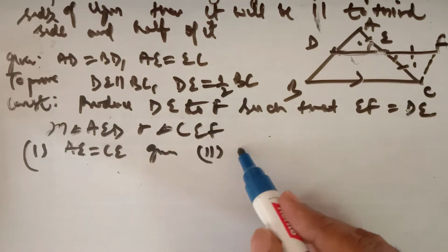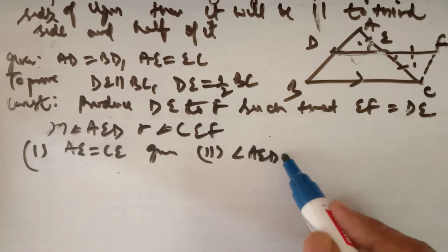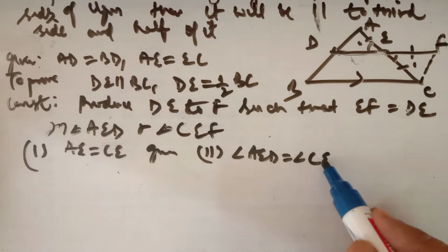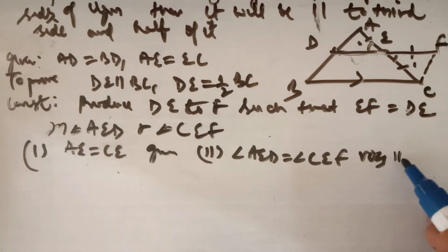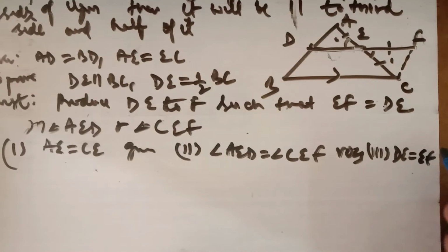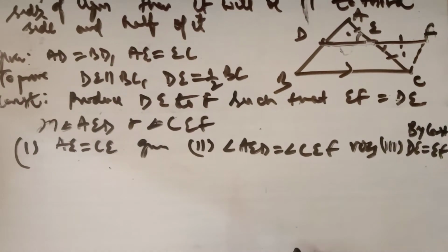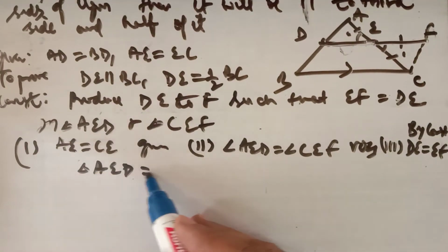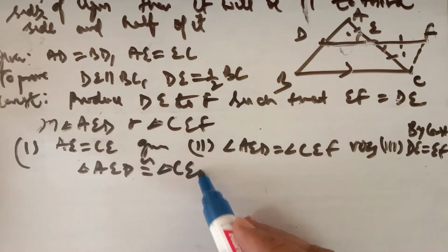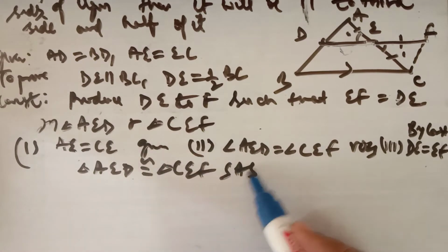Second, angle AED is equal to angle CEF, vertically opposite angles. And third, DE is equal to EF, by construction we have done. So I have proved that triangle AED is congruent to triangle CEF by side angle side.